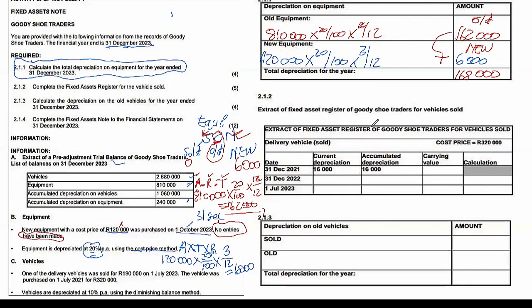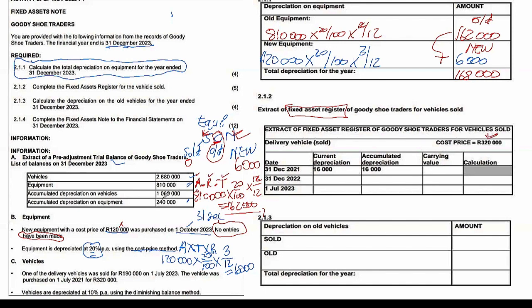Next, calculate the depreciation on old vehicles for the year ended 31st December 2023. For 2.1.2, you need to complete your fixed asset register. Therefore, you have the cost of that asset, which was 320,000.